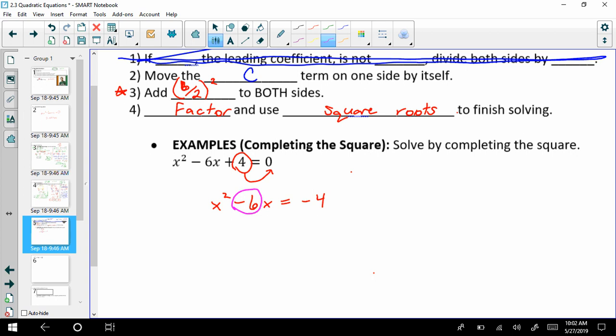We are going to divide that by 2, which is -3, and then we're going to square it, which is 9. This is where the name completing the square comes from. So I took b divided by 2, and then I squared it. So what we're going to do with that is take our quadratic equation, and that number that I came up with, I'm going to add it in.